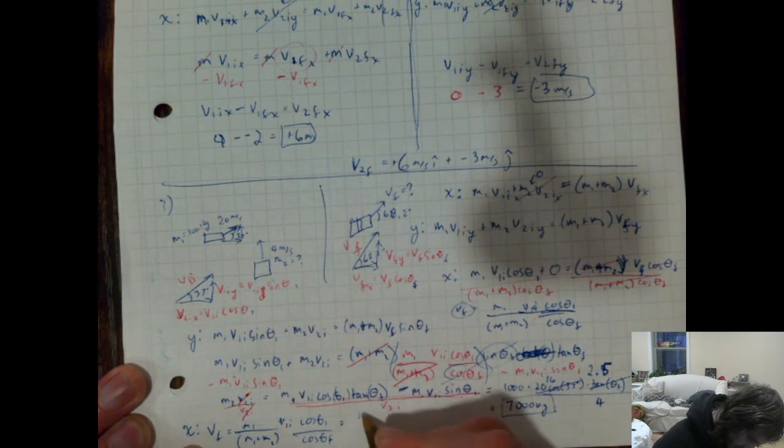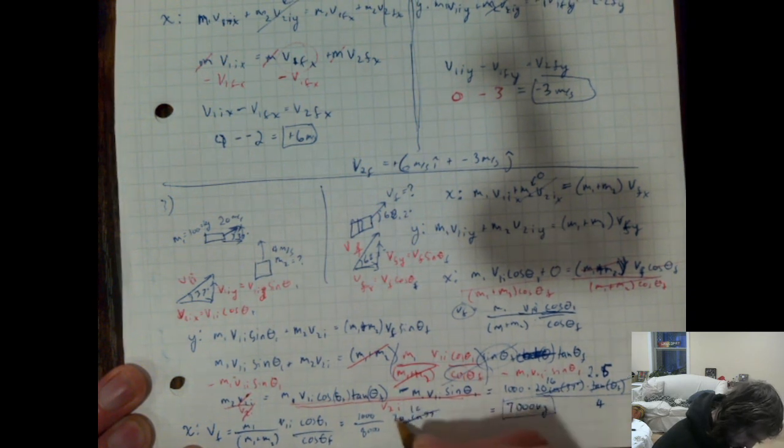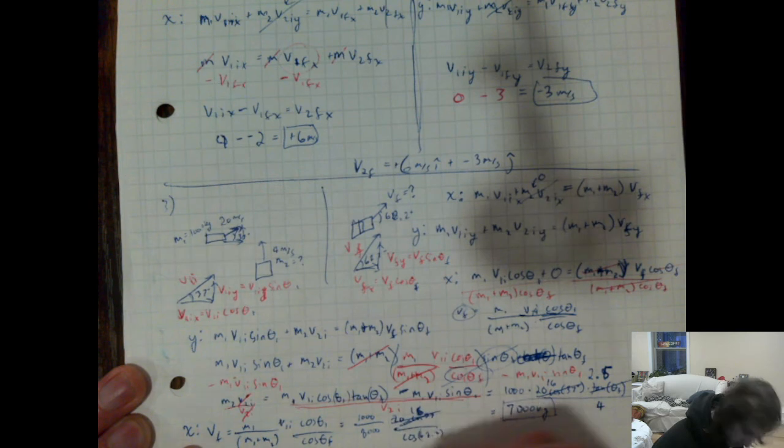So that's going to be 1,000 divided by 8,000 times 20 times cosine, so that's going to be 16 divided by our cosine theta final, which is going to be the cosine of 68.2.